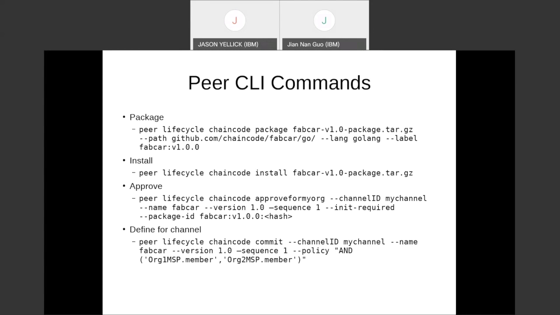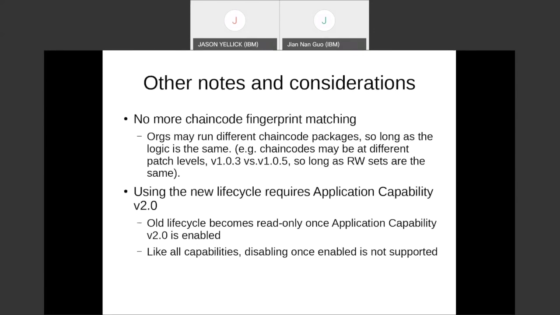There's an install command, which will take that package and install it to the peers. An approve command, which will approve a particular chain code definition for your org. Note that there is the sequence number attached to this, whether init is required, and so on. And then finally, a way to commit that chain code definition.